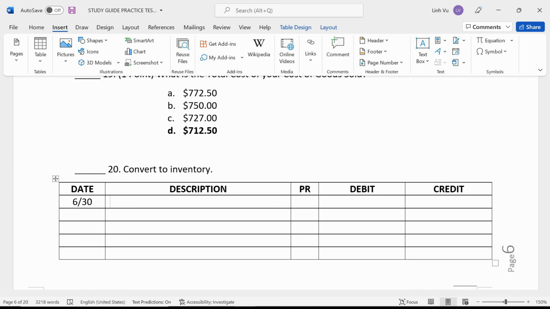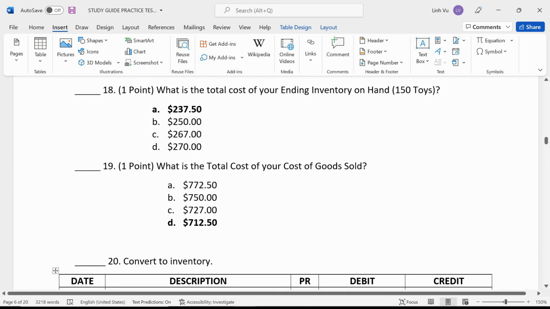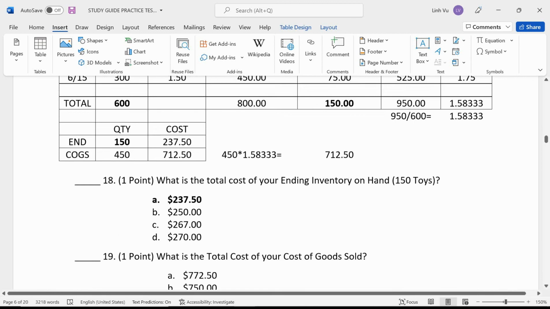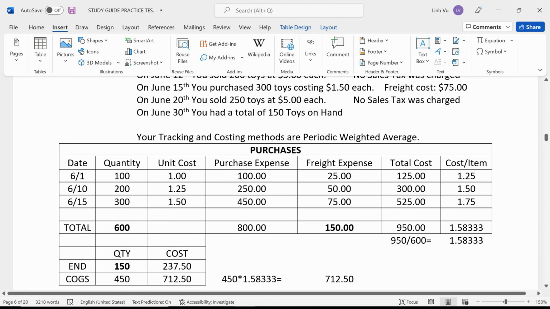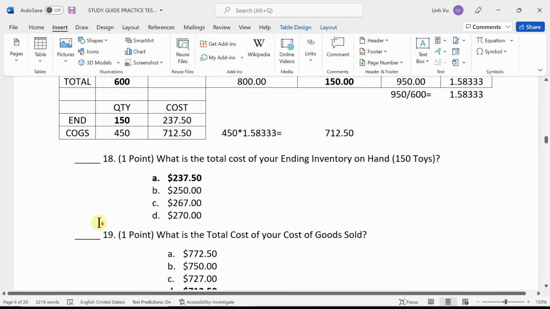So how do I do my conversion entry? I have an ending balance of 237.50, cost of goods sold of 712.50, 600 units available. How do I do my conversion entry?